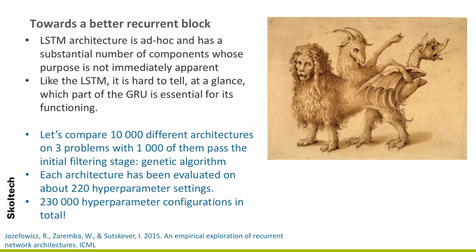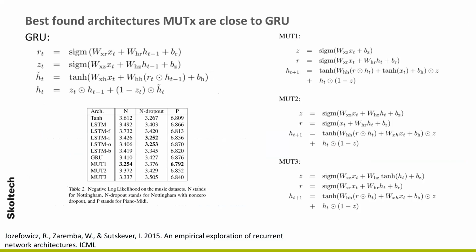And also to make sure that we are not biasing something, we also try to select hyperparameters for each of these architectures to construct a better block. So we tested about 230,000 configurations here.